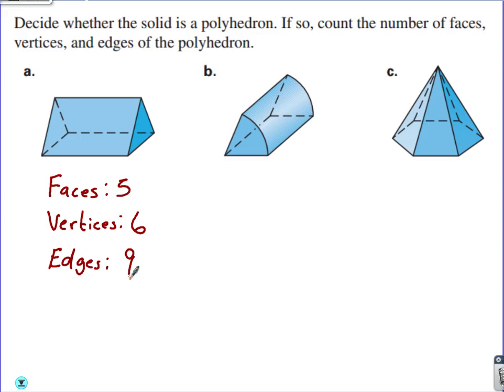Second one. Is that a polyhedron? Here. That's a curve, isn't it? Anytime you have a curve, it's not a polyhedron. That looks like it's part of a cylinder. Remember doing sectors?